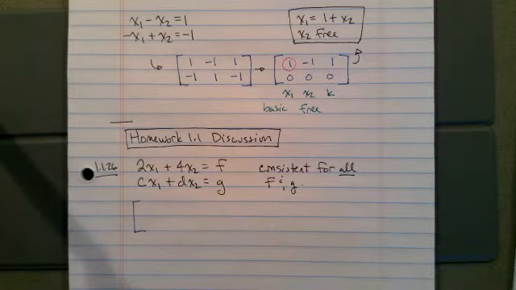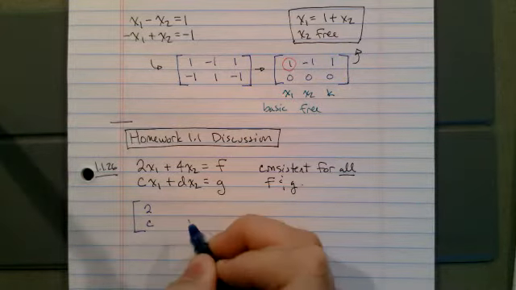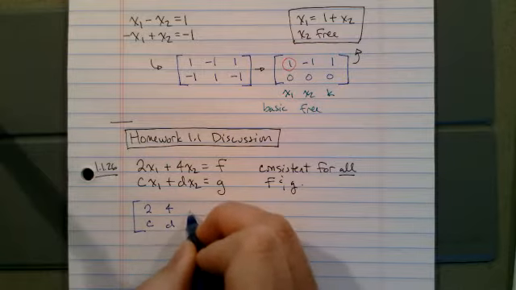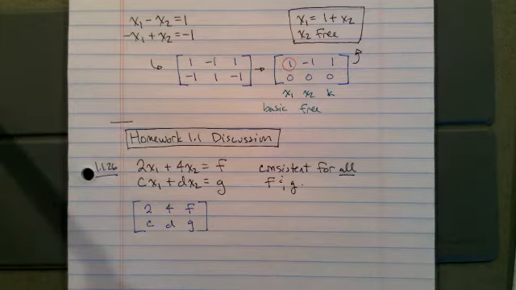By columns, the augmented matrix for this system is 2, c, and then 4, d, and then f, g. I'm just going to write down the augmented matrix for this linear system. We can pivot in the first row, first column.